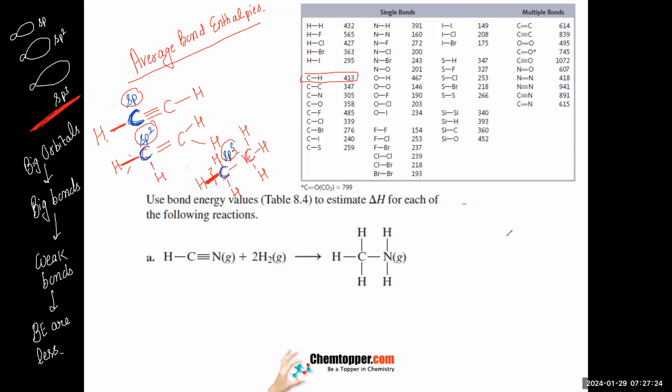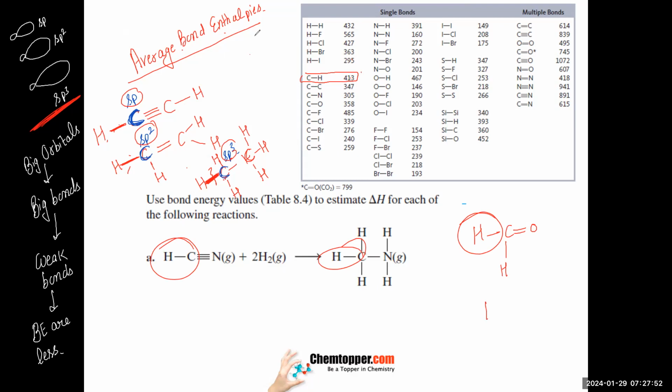I can show you more types. This one. This is another type. I can show you more. Like this one. This is another type. So these bond enthalpies, which I mentioned here, these are the average bond enthalpies of all types of bonds. Like for example, the average age of the class.